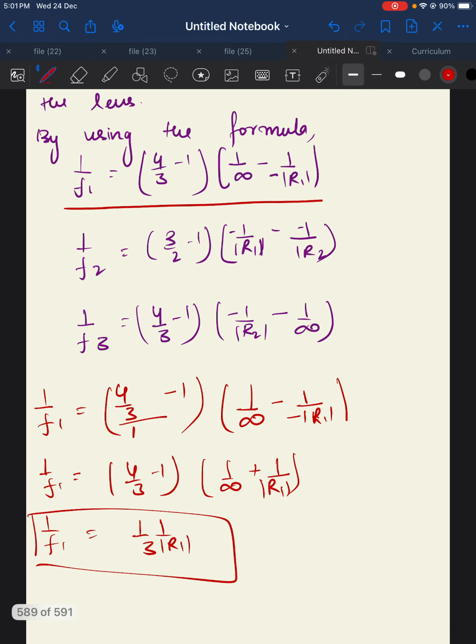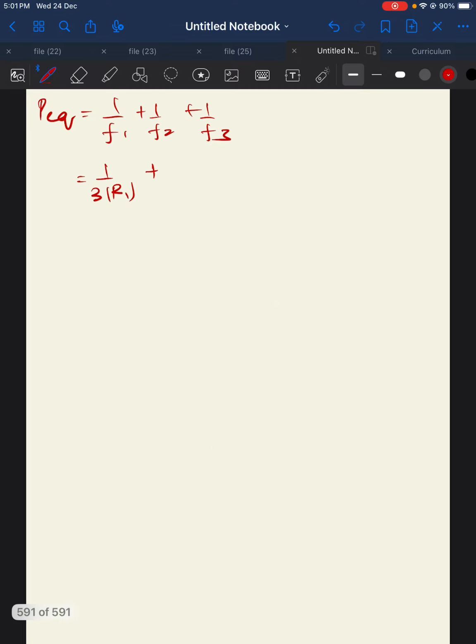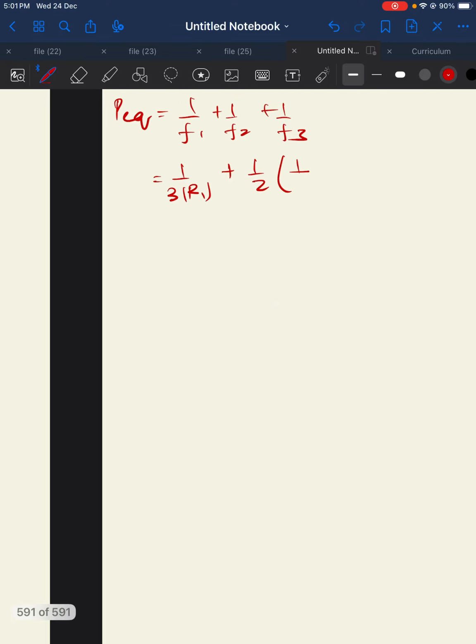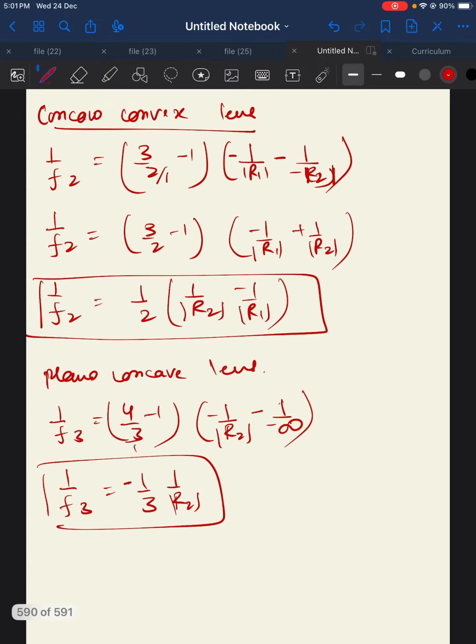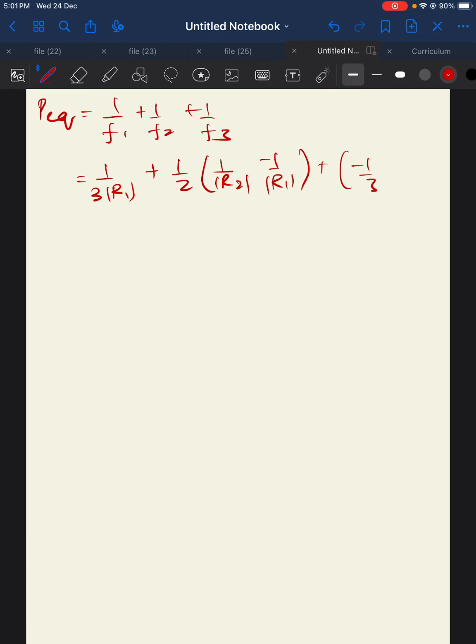1 by f2 is equal to 1 by 2 mod of R2 minus 1 by 2 mod of R1, plus 1 by f3, which is minus 1 by 3 mod of R2, right? Let's find out 1 by 3 mod of R1.